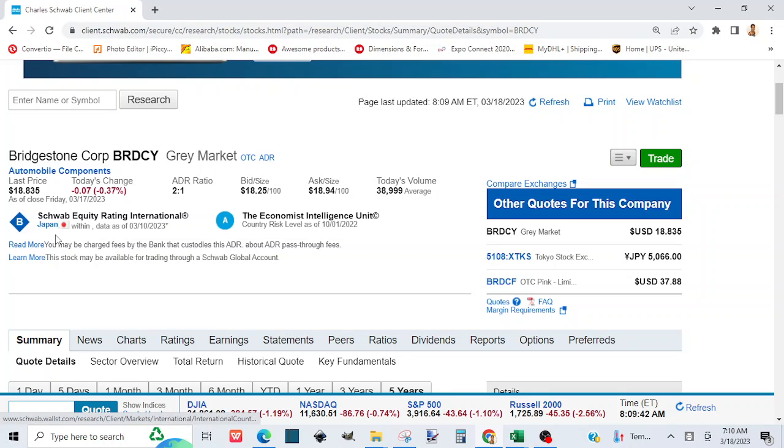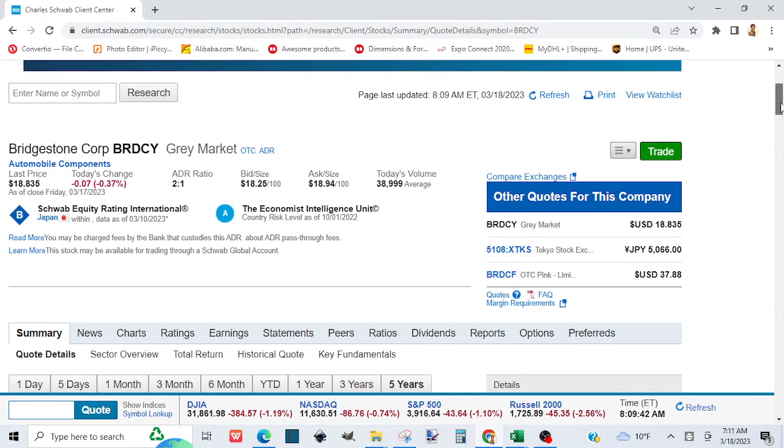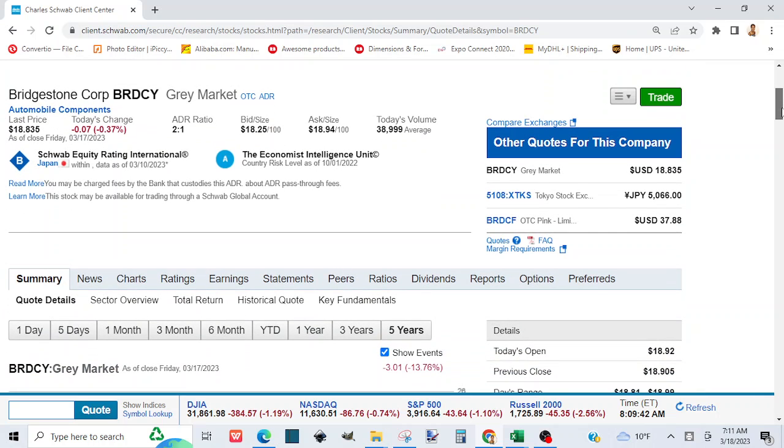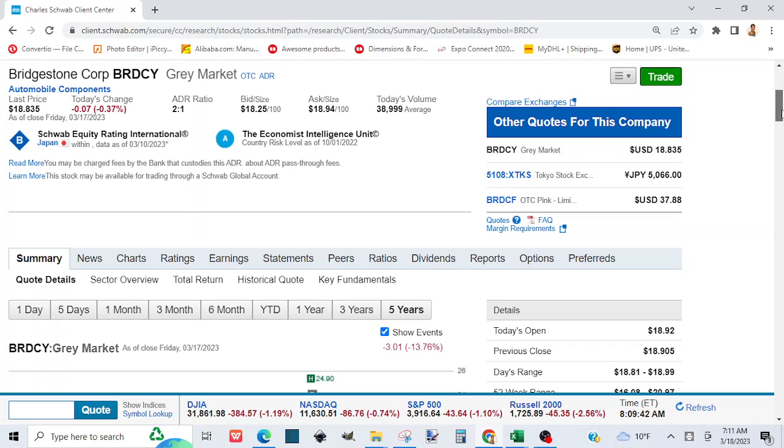Another thing you can look for is whether it is an international company, like Japanese companies. I don't really try to get to know the companies when I'm investing in those. I know there are a lot of investment books that will recommend all of those, so you just have to see what works for you. Let's just analyze this company.